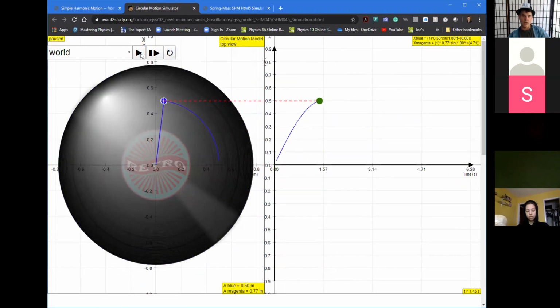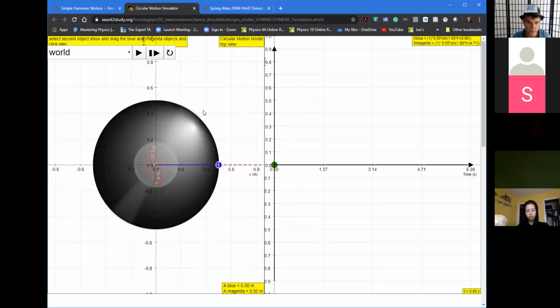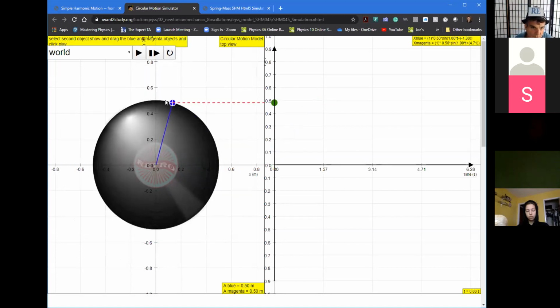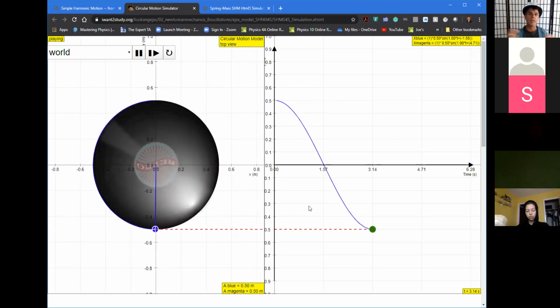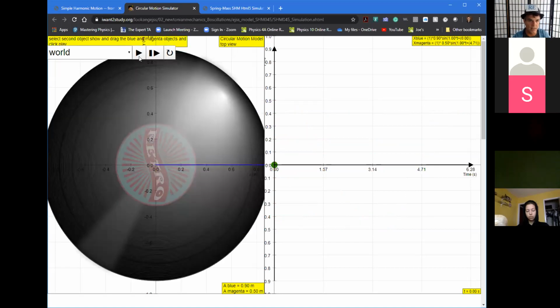If I'm starting off at x equals A, this would be me starting off at the amplitude at t equals 0.